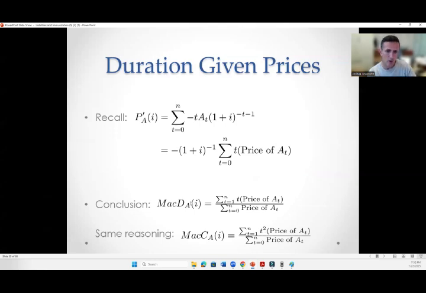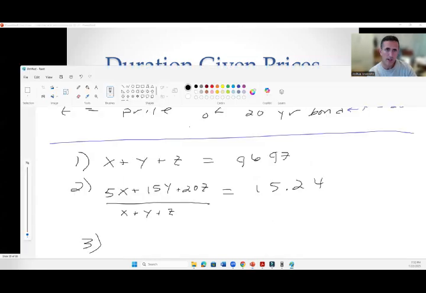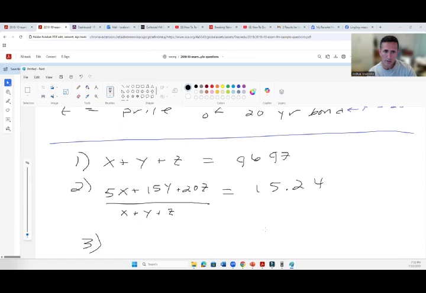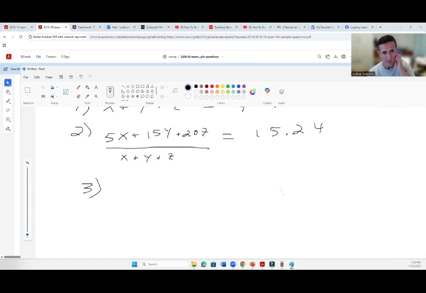And we're given the Macaulay convexity of the liability is 242.47.